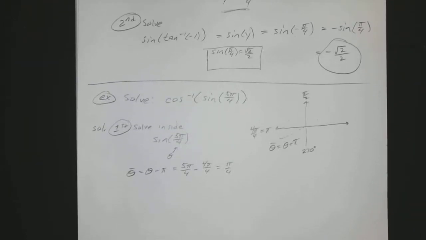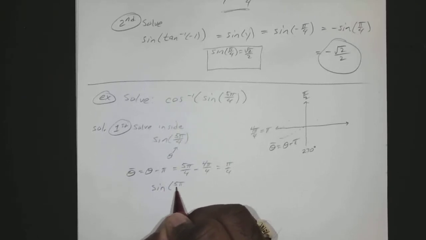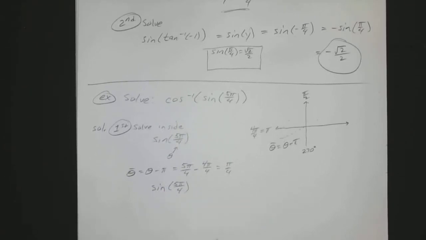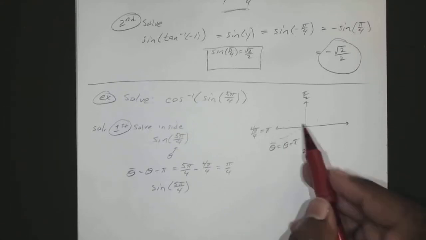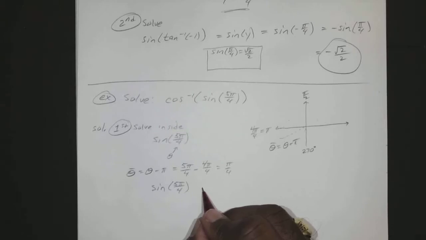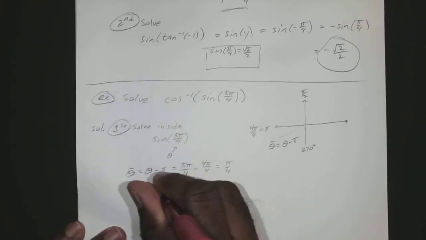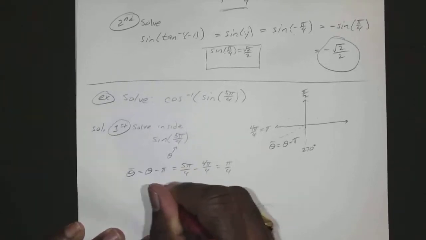Okay, so that means sine of 5 pi over 4 is in quadrant 3. So since quadrant 3 is negative, y is negative. Let me write that note down.